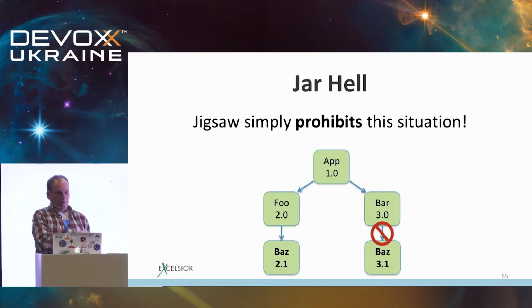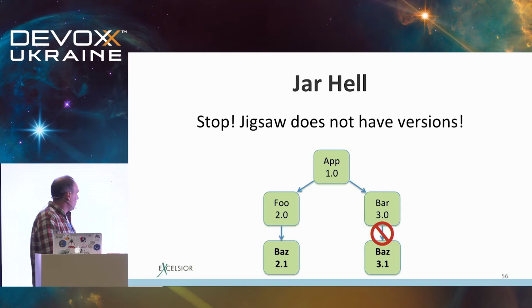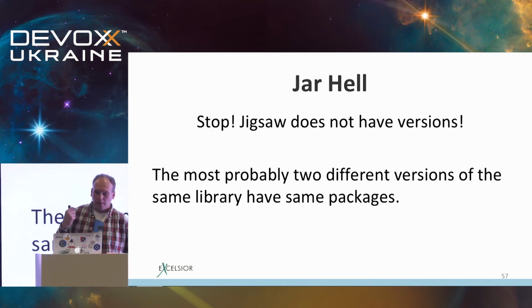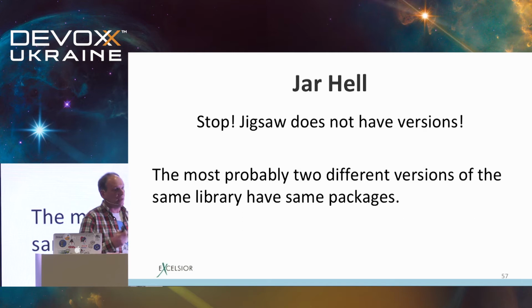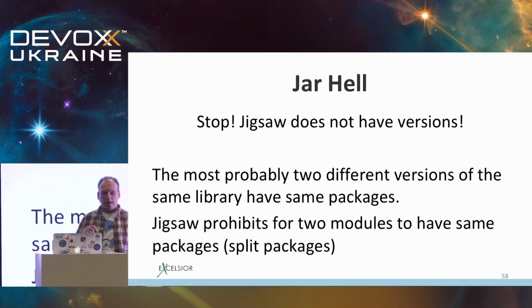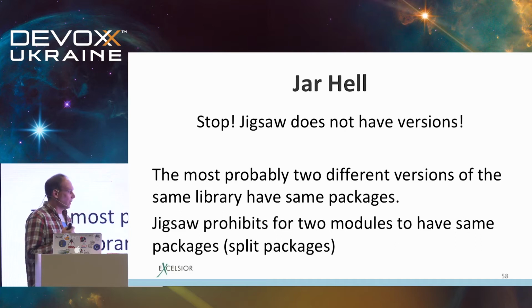But you may ask, wait, Jigsaw does not have versions. How can it detect this situation? And here we can note that most probably two different versions of the same library have the same packages. And Jigsaw prohibits two modules from having the same packages, which are called split packages.